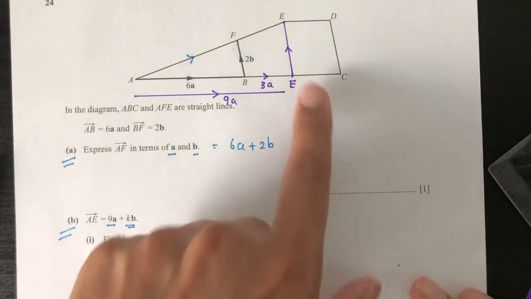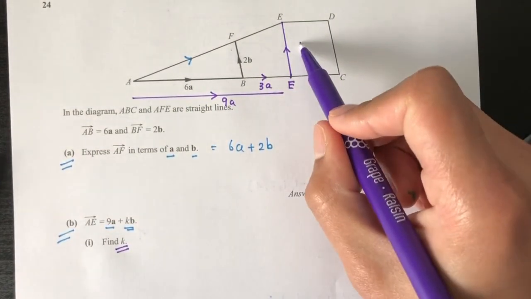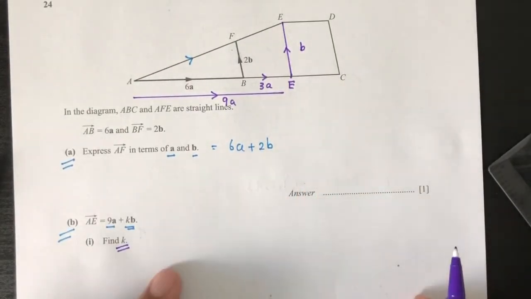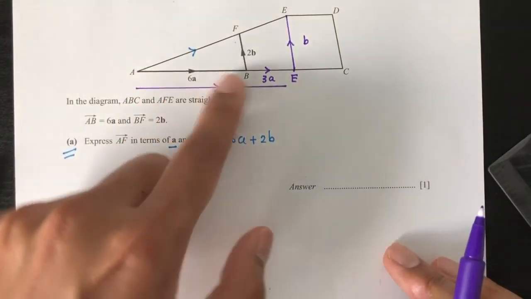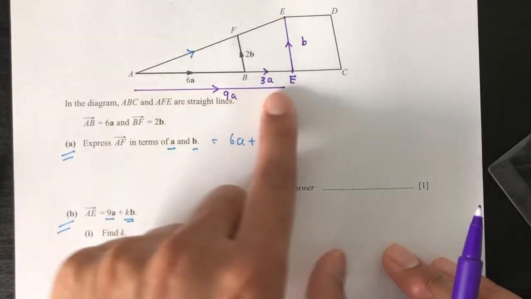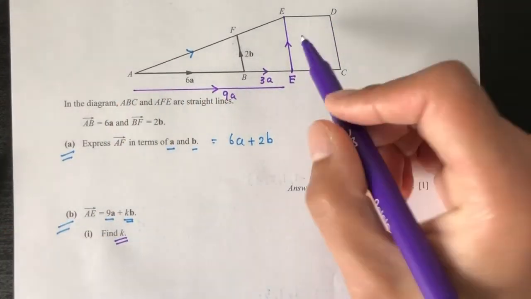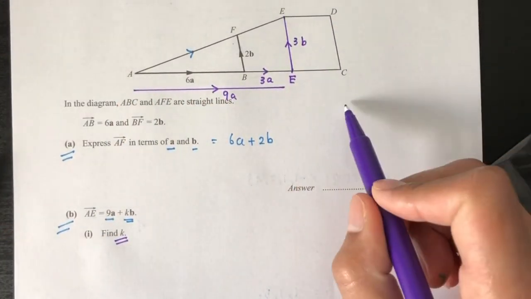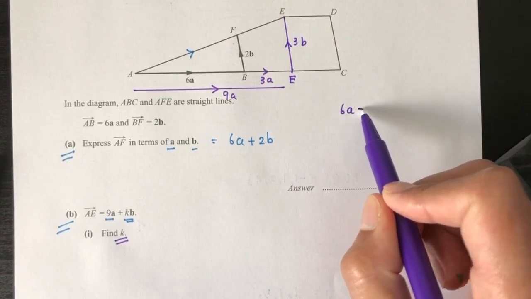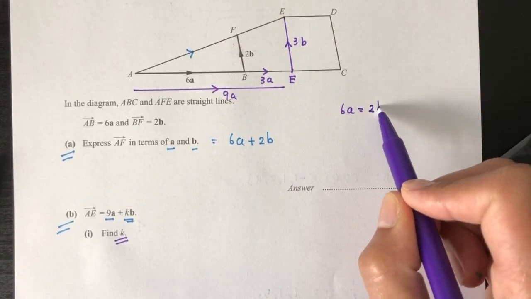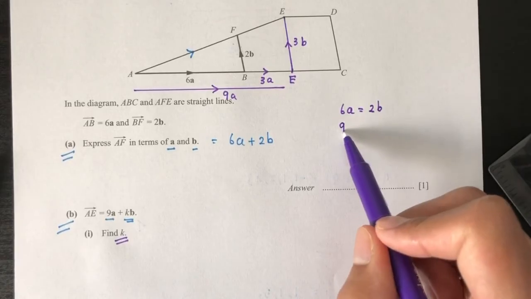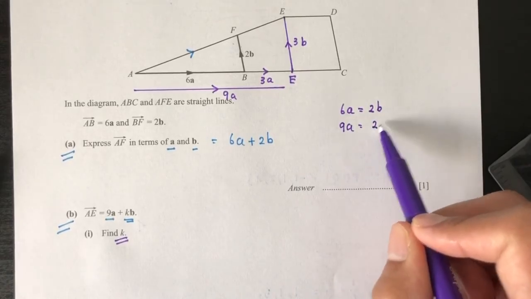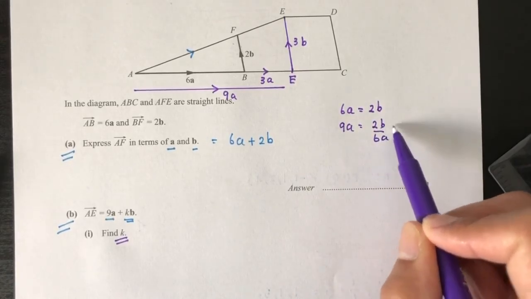Okay, so to find this value here, KB, what is the value of K? As you can see, we have 6, 2. If you have 9, that should be 3. You can compare. If you have 6A is equal to 2B, now you would say, okay, what is 9A? 9A will be 2B divided by 6A times 9A.